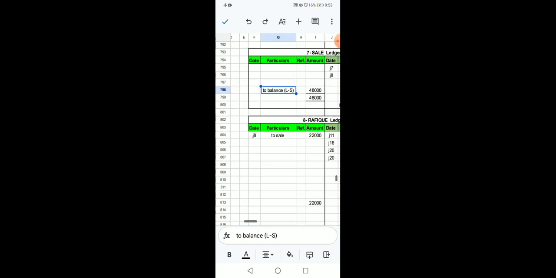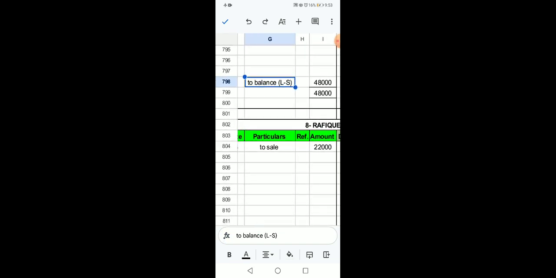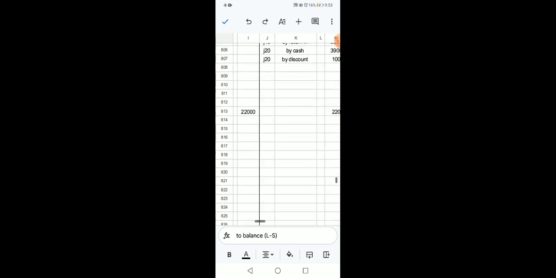It means the balance cannot be calculated. Why? To calculate the balance, what is the procedure? You subtract the smaller total from the larger total. And since both totals are equal, there is no smaller or larger total. So the balance would not be calculated.